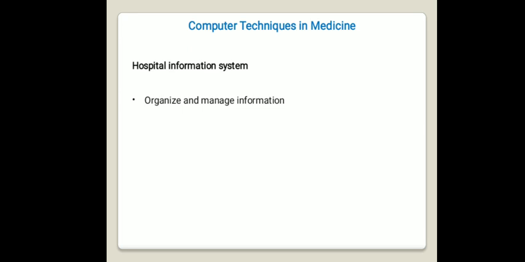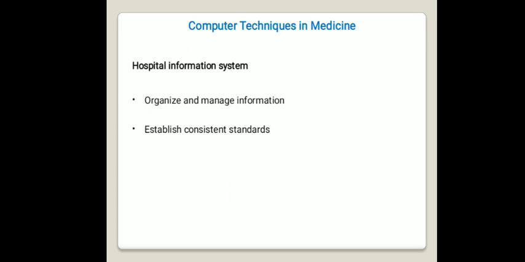The hospital information system. Medical informatics is a rapidly growing discipline. It seeks to organize and manage information in support of patient care, biomedical research, and education through the aid of computers and information networks.